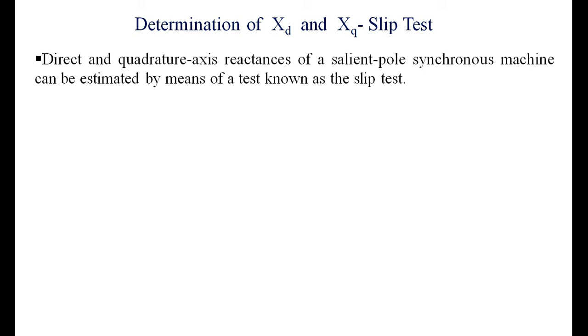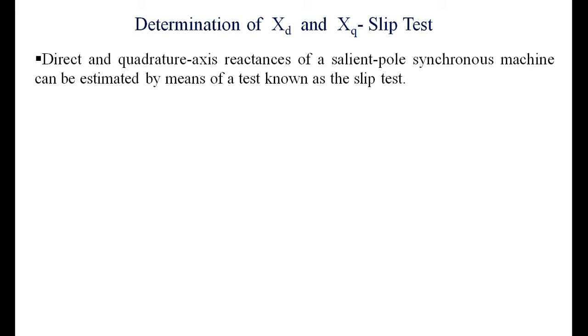We are conducting the experiment on the synchronous generator. Synchronous means it runs at a constant synchronous speed. But in this particular test, the slip test, you run the machine either a little bit less than the synchronous speed, or slightly higher than the synchronous speed.